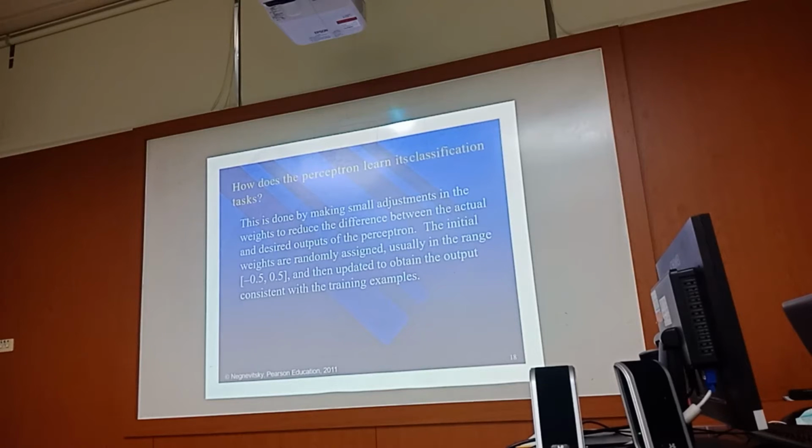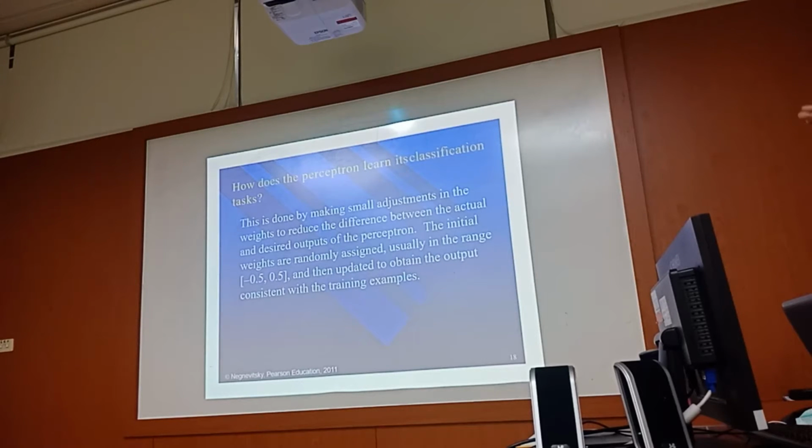How does the perceptron learn its classification task? This is done by making small adjustments in the weights to reduce the difference between the actual and desired output of the perceptron. The initial weights are randomly assigned, usually in the range of minus 0.5 to 0.5.